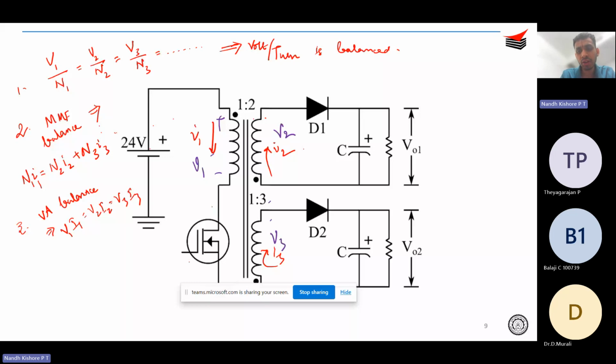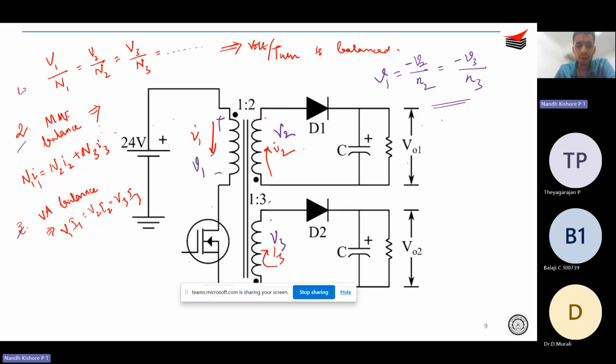You should know that V1 will always be equal to minus V2 divided by N2, because the dot polarity is opposite, or I can also write V1 is equal to minus V3 divided by N3. Because if all of these criteria for a transformer are satisfied, then this holds. That is V1 is equal to minus V2 over N2 or minus V3 over N3.